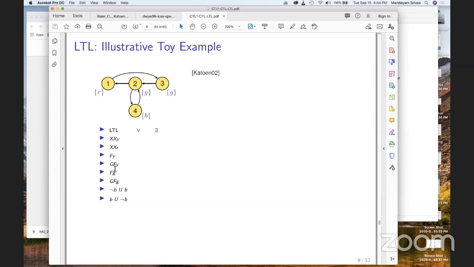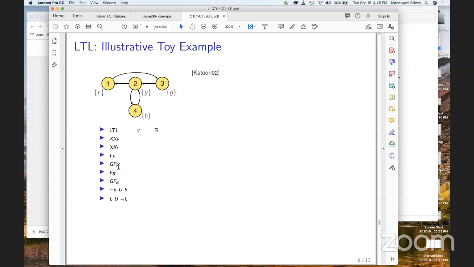So no matter how far down the path you go, there is another point later at which Y holds good. That's why this pattern ensures that Y happens infinitely often.